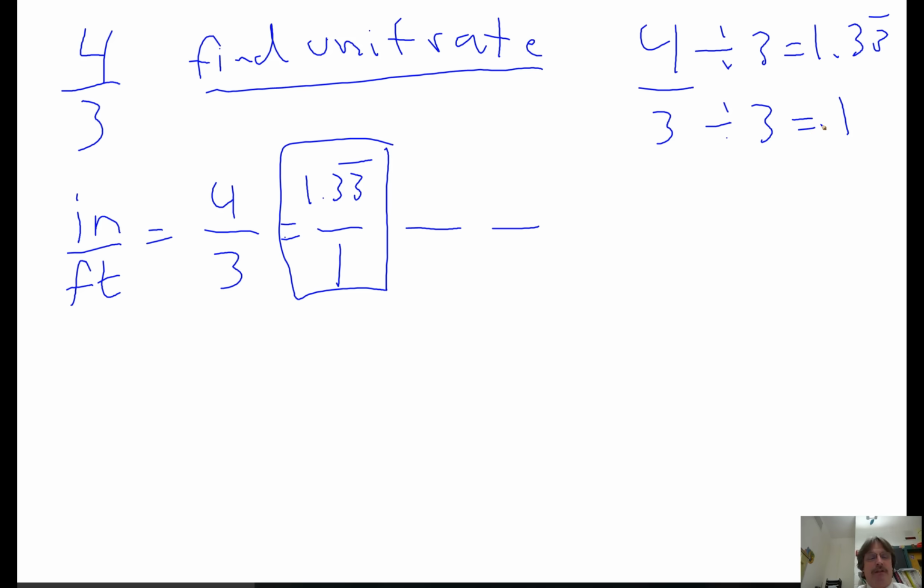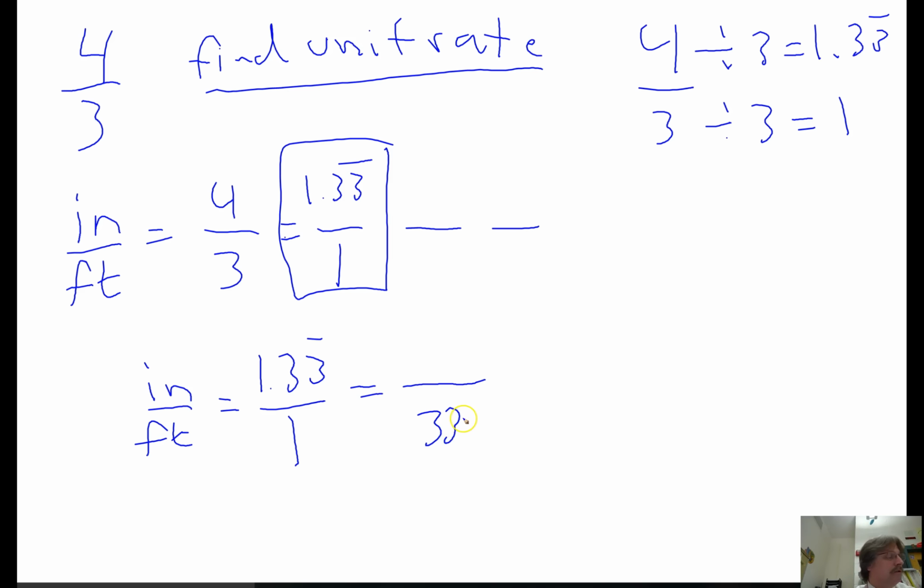And again, it goes to setup. So if I have my inches over feet and I know that I have 1.33 inches for every foot, then I can go ahead and find any unknown if I'm given a value. They gave us a value of 33 feet in question 2.